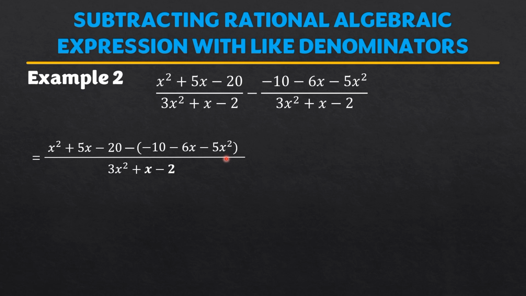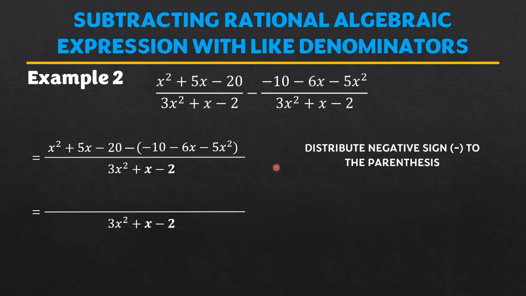After that, we will distribute the negative sign inside the parentheses. So let's copy first the x squared plus 5x minus 20. Negative times negative 10 is equal to positive 10 because negative times negative is positive.